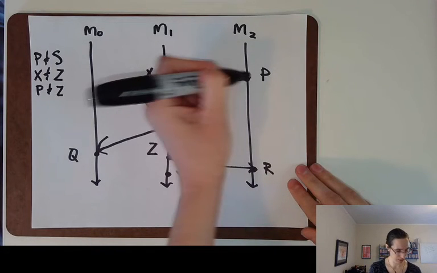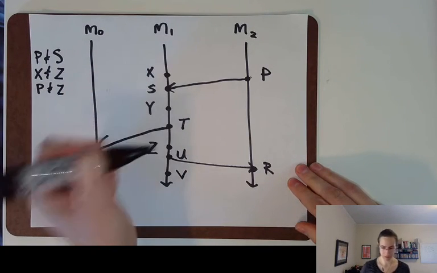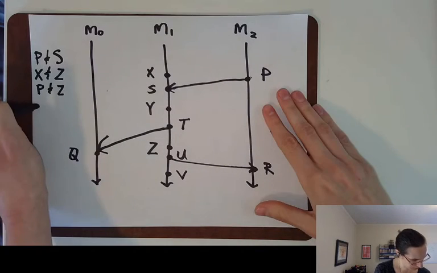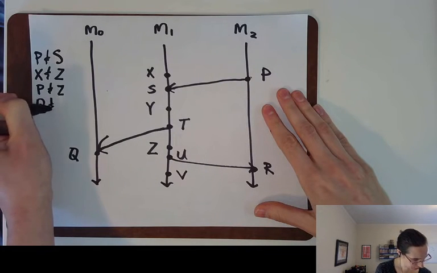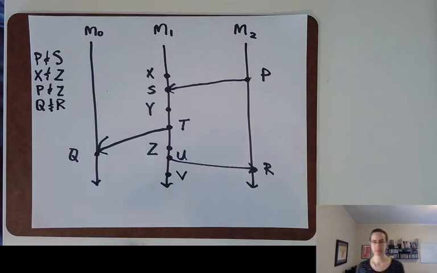Because we can get from P to S to Y to T to Z here. How about Q and R? Those are not related by the happens before relation. By that I mean, it's not true that Q happened before R, but it's also not true that R happened before Q.